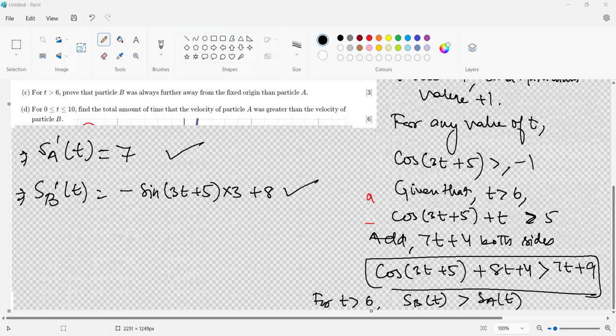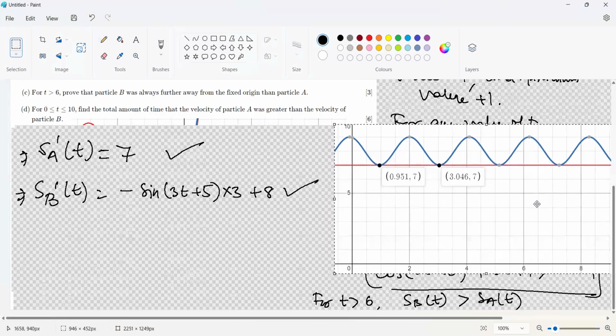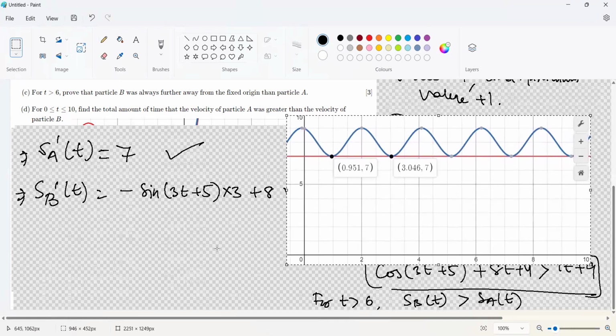This is what I am obtaining. See, what they're asking is the total amount of time the velocity of A was greater than the velocity of B.